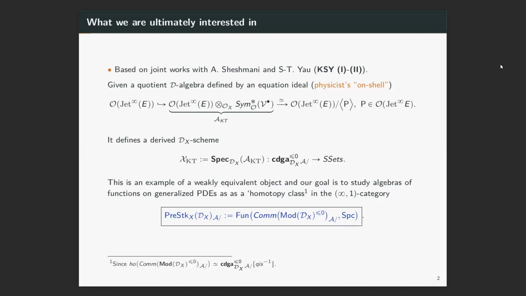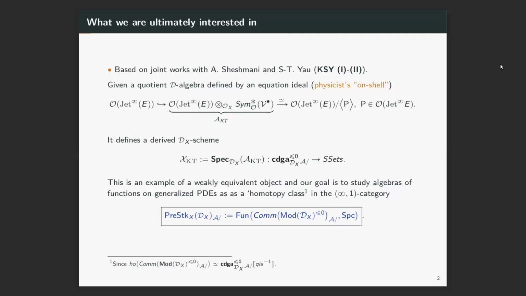It can be graded, it can be super, and it lives over a space X, and X can itself also be super. For physics, this is important, where this is super space-time or world sheet. But for us, this is not going to be super important.